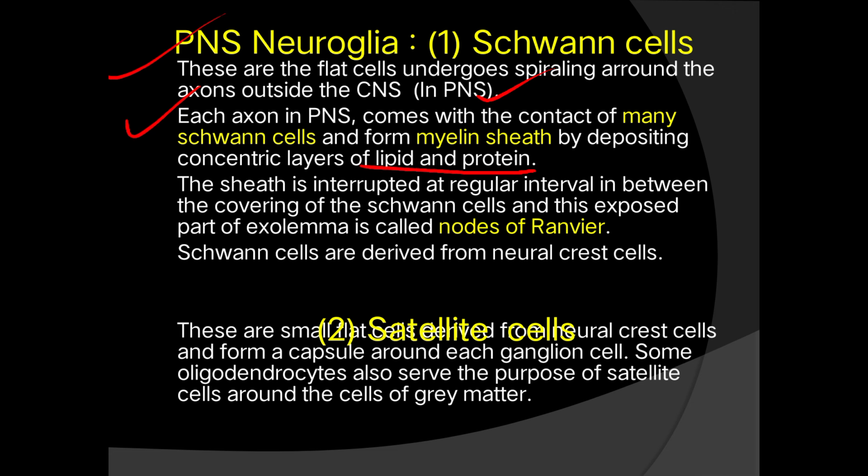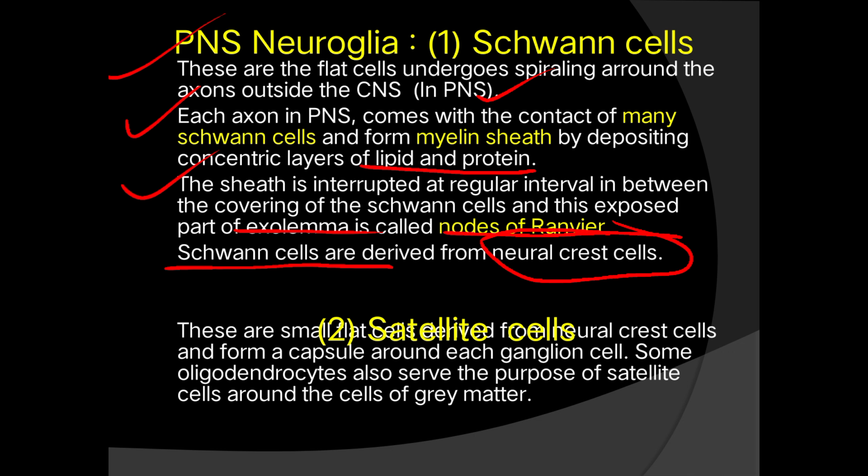The sheath is interrupted at regular intervals between the coverings of the Schwann cells, and this exposed part of the axolemma is called the nodes of Ranvier. Schwann cells are derived from the neural crest cells.